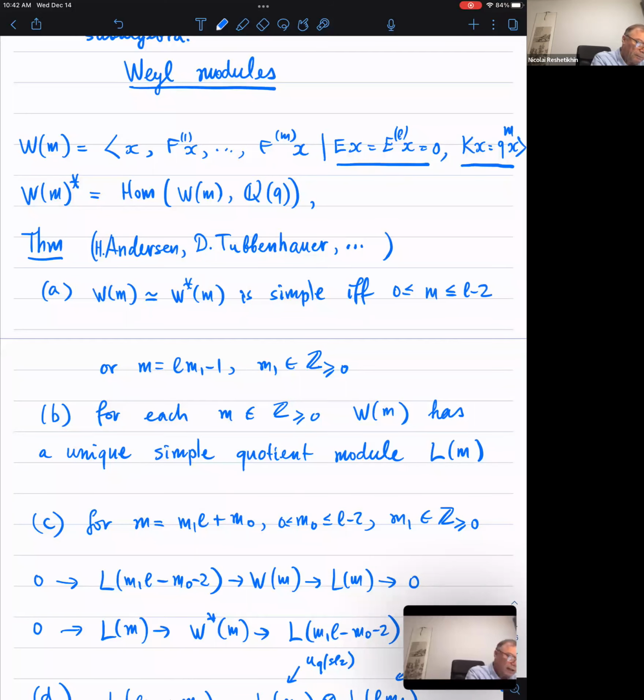So here M doesn't have to be between 0 and L minus 1. We will always write it modulo L.